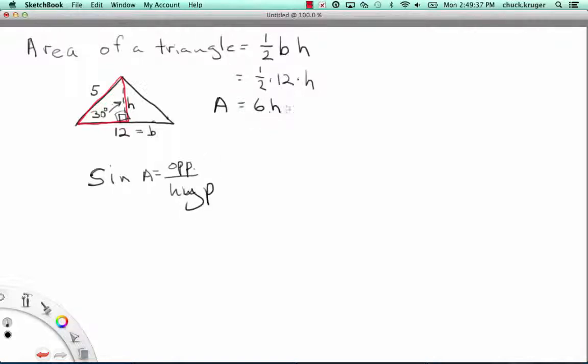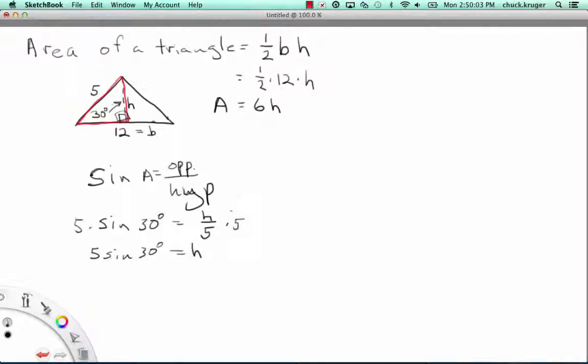So in this case, the sine of 30 degrees is equal to h over 5. Well, if I multiply both sides by 5, I get 5 times the sine of 30 degrees is equal to h.